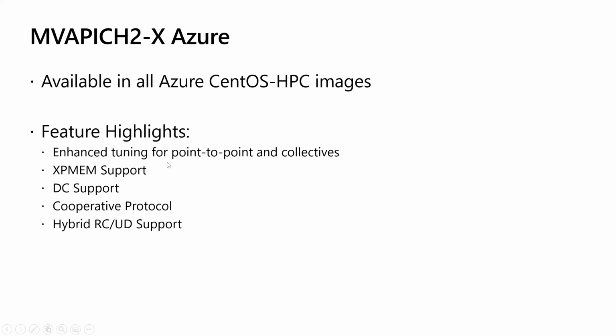It has XPMEM support: if the XPMEM libraries are installed on the VM, it will take advantage of them. Otherwise, it will fall back to whatever other mechanism is possible for shared memory, such as KNEM. It also has DC support, dynamically connected transport support, a cooperative protocol, and it can take advantage of hybrid RC-UD support. So that's a quick overview.